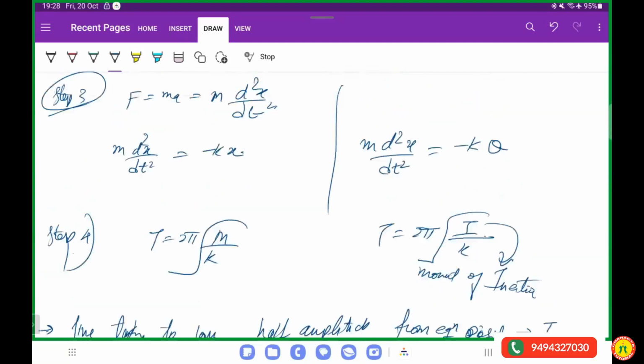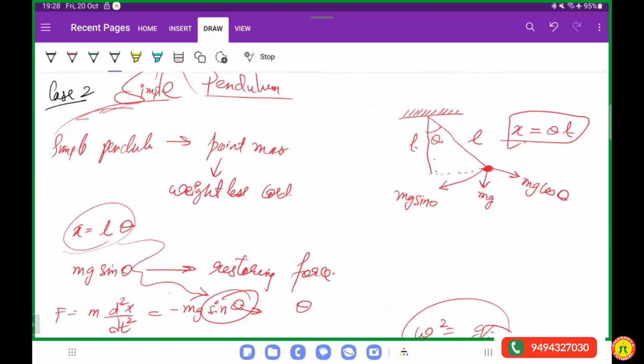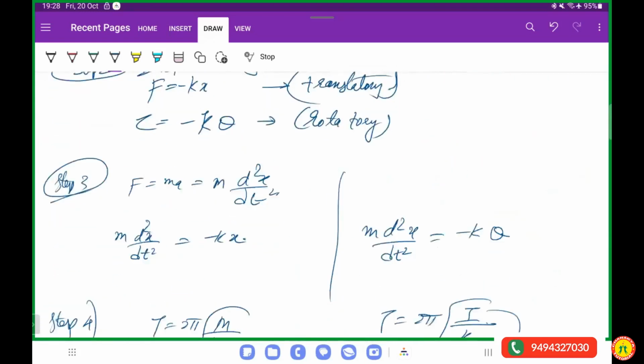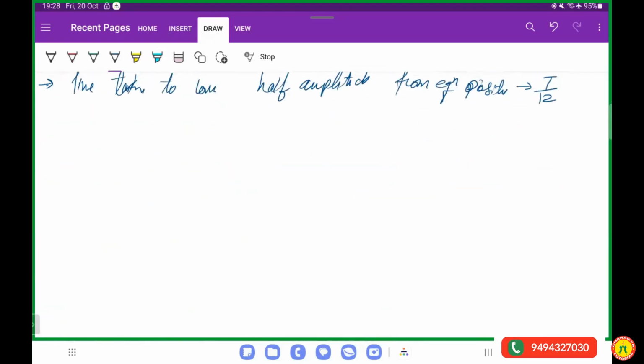So this was second, what is it? Yeah, simple pendulum. Then let's see here.